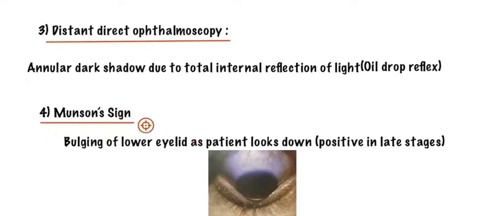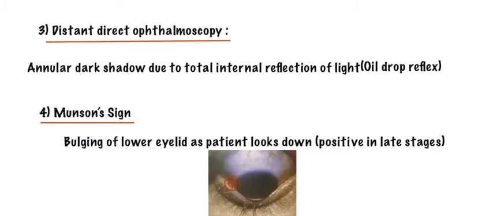The fourth point in the examination is Munson's sign. In keratoconus the cornea is cone shaped. Due to the over-bulging of the cornea outside, whenever the patient who has keratoconus gazes down, the lower eyelid also projects downwards.